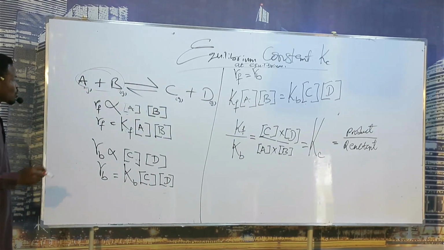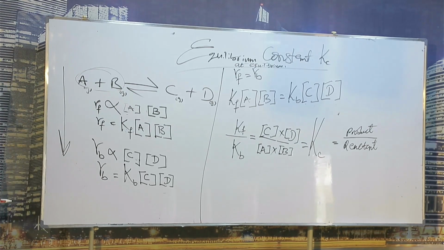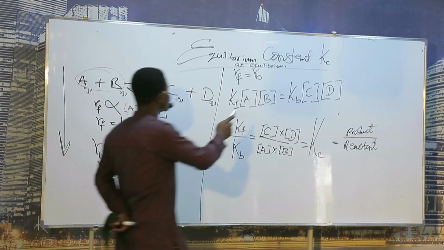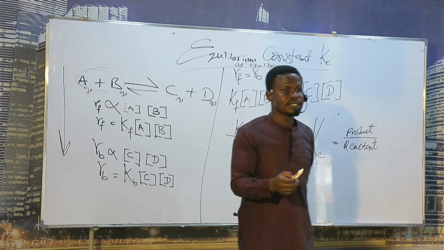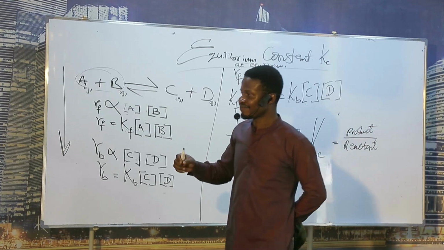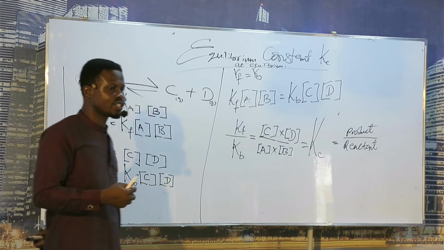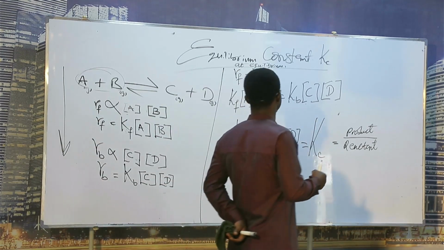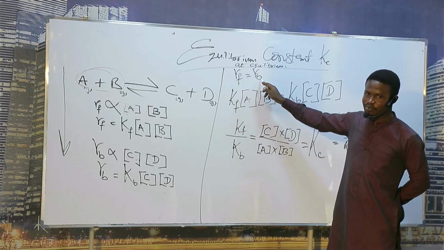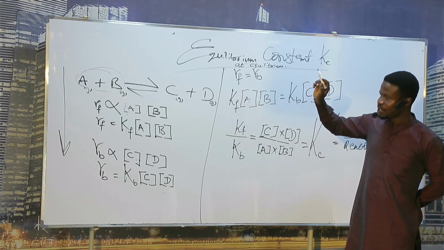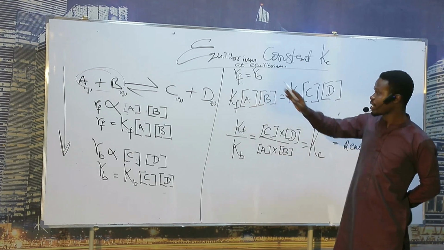Copy step by step. When you reach here, you write at equilibrium, RF is equal to RB. Take note: the rate of the forward reaction is equal to the rate of the backward reaction.